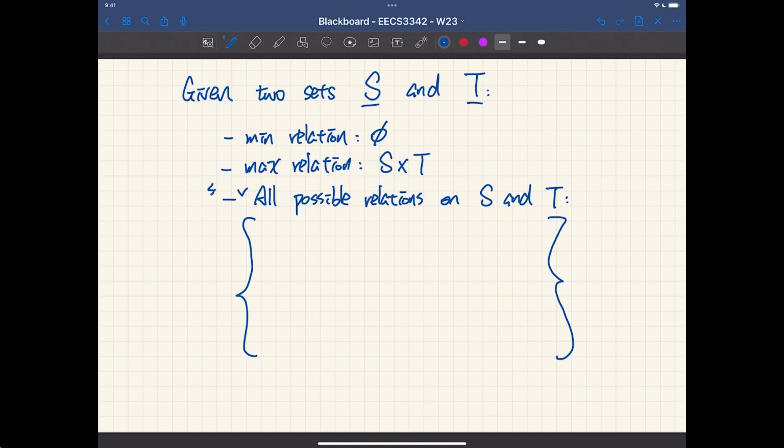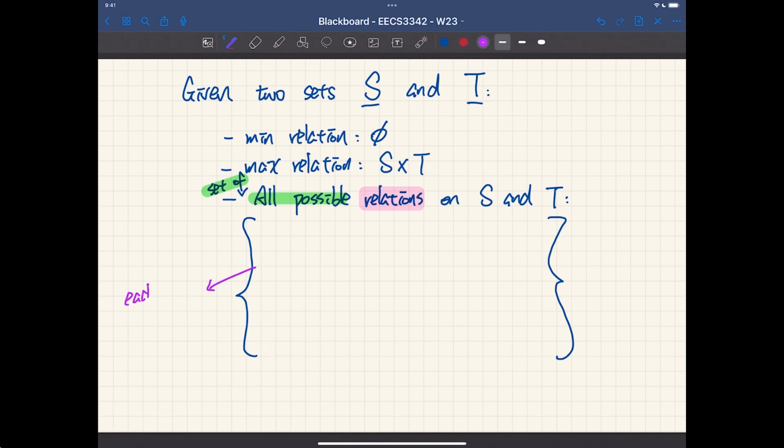Let's say the set of all possible relations. Each relation is going to be a set. So when we try to derive this particular set, it's going to be a set of sets. Okay? All right, let's try the following. We know that every member in this particular set is going to be a relation.